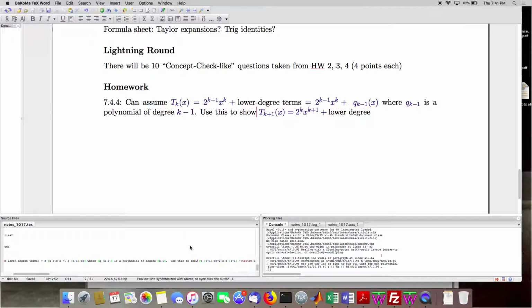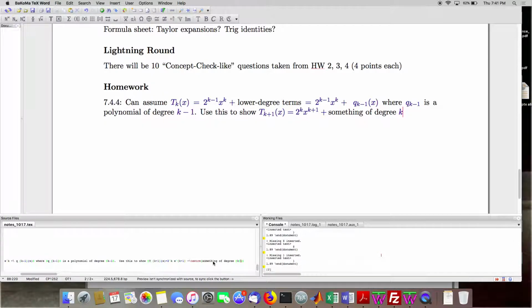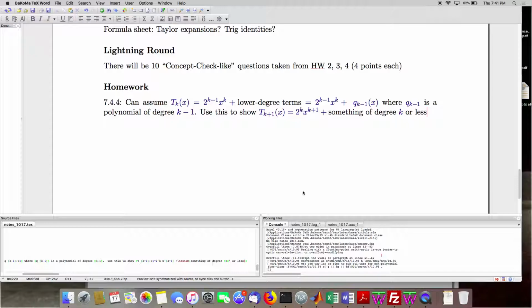When I say lower degree, I should say something of degree k or less, because you're trying to show the leading coefficient is 2^k. These other terms you don't know, but if you know that this is of degree k or less, that means you can ignore it.